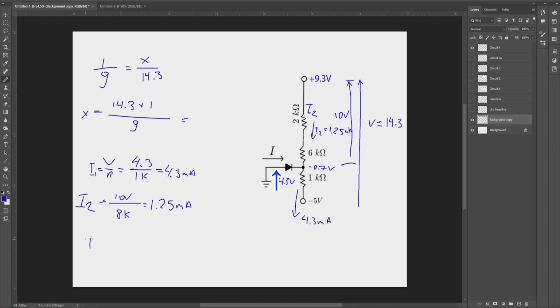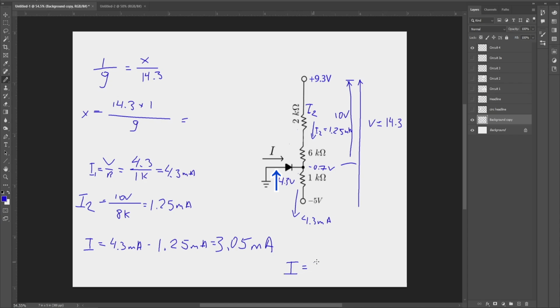That I that we're looking for equals this 4.3 milliamps, like here, 4.3 milliamps minus 1.25. 3.05 milliamps, and that is our answer.